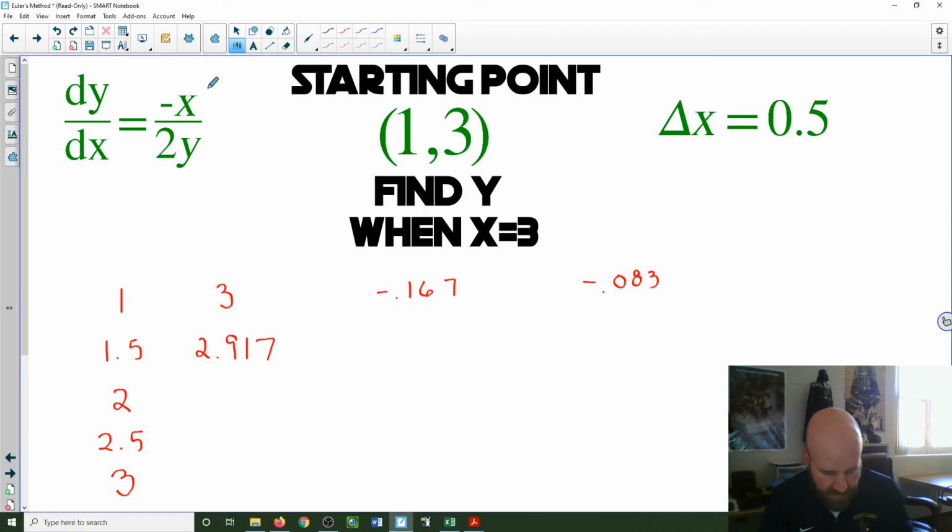And we can keep rolling through this and plug in our values. So we get negative 1.5 divided by 2 times our previous answer, and we get a slope of negative 0.257. Multiply that by 1/2, or 0.5.